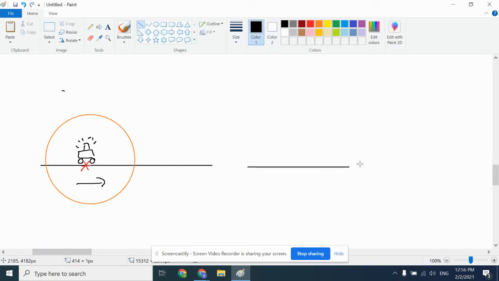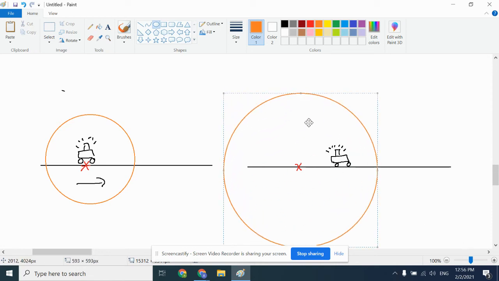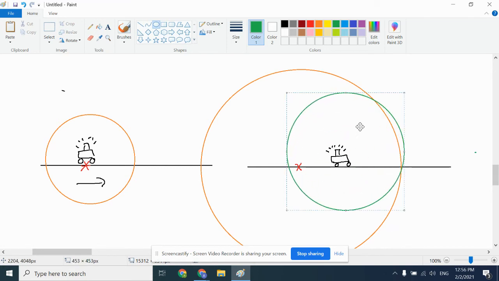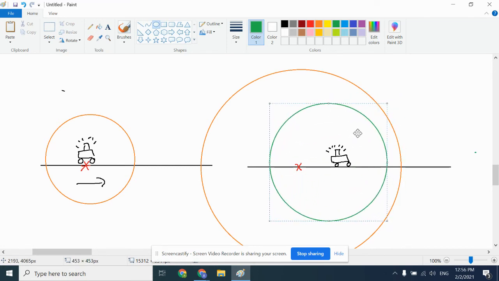A brief moment later, our cop car, here's that red X once again. Our cop car has moved over here. Siren still blaring. This orange wave has expanded, but it's still centrally focused on the red X. Now, another wave is emitted from the cop car.